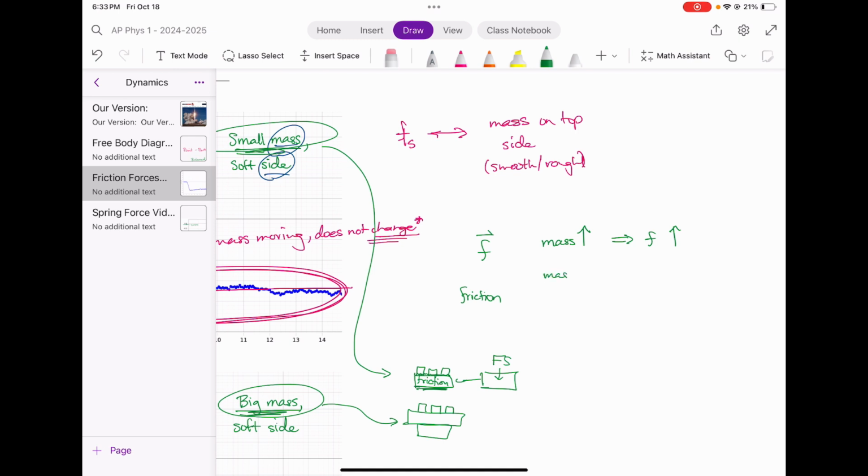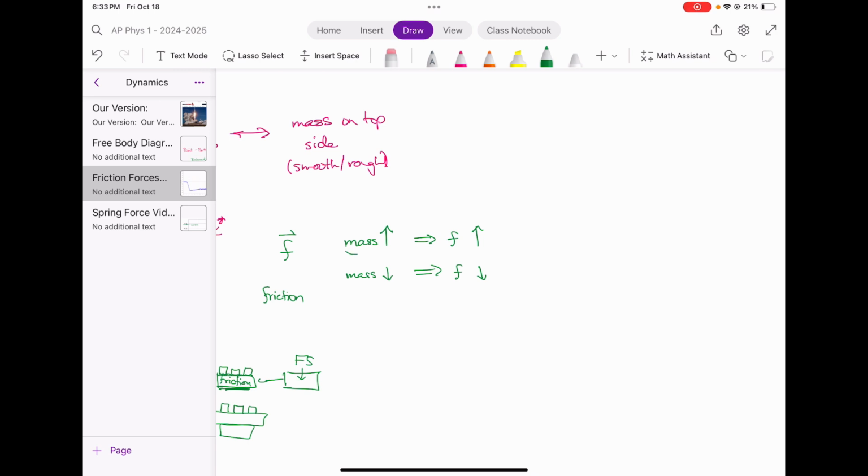If the amount of mass on top goes down, the friction goes down. What else is changing too, by the way? So when the mass on top goes up, we could also say that not only does the friction go up, but if you think about the free body diagram for the friction block, right?